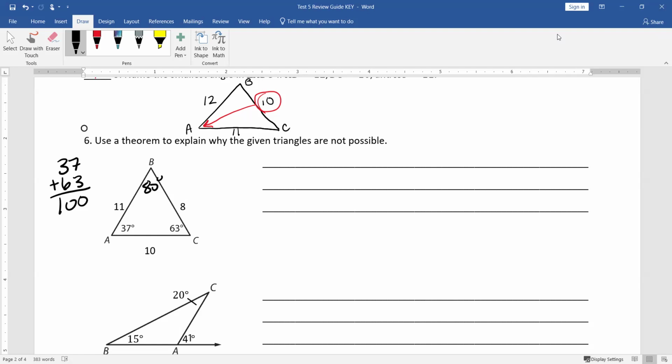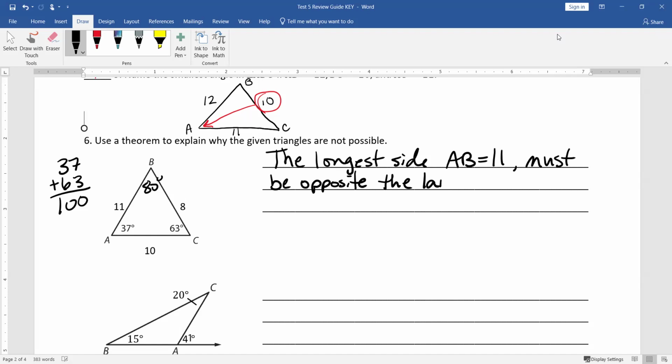So we could say that the longest side, which is AB, equals 11, must be opposite the largest angle measurement because of the greater angle theorem.